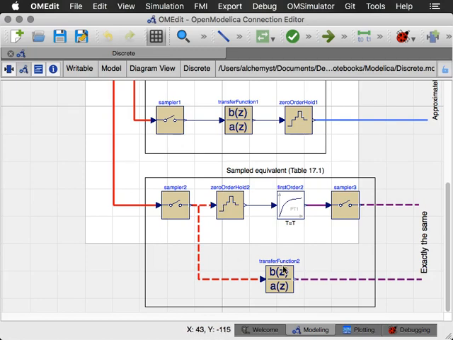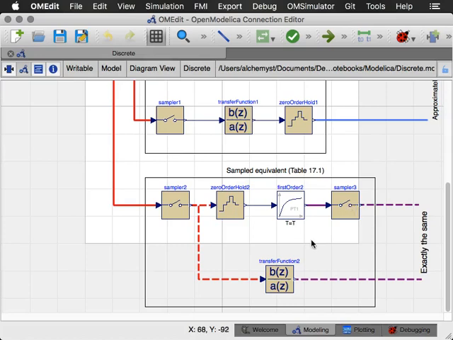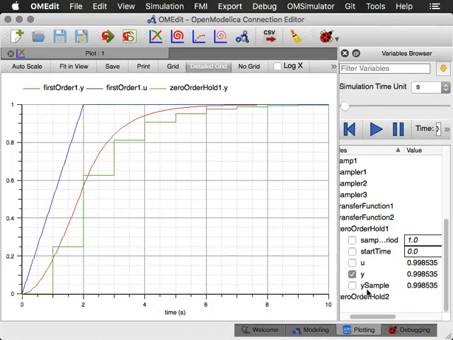There's no error. So this discrete transfer function has 100% exactly the same response as the discrete transfer function that goes between this sample signal and that eventual sample signal, yes. So these are exactly the same. And let me show you what that looks like. So these systems are sampler 3 and transfer function 2.